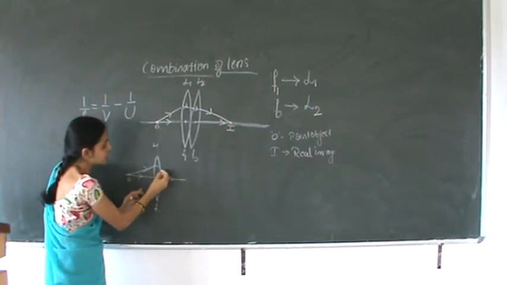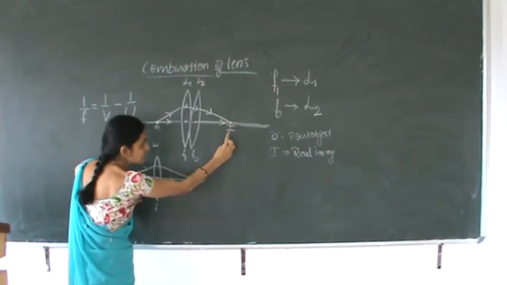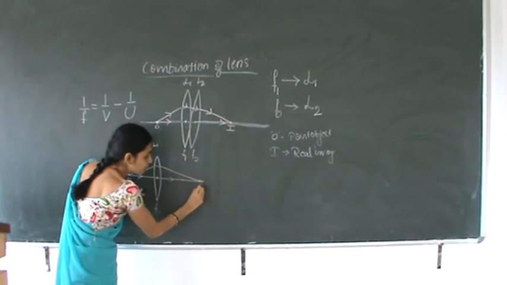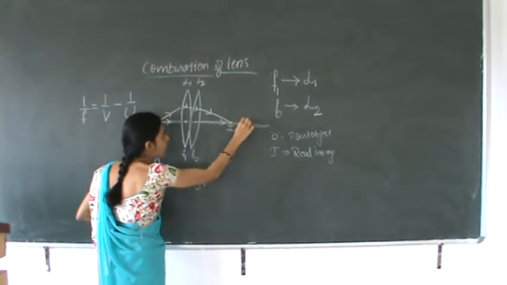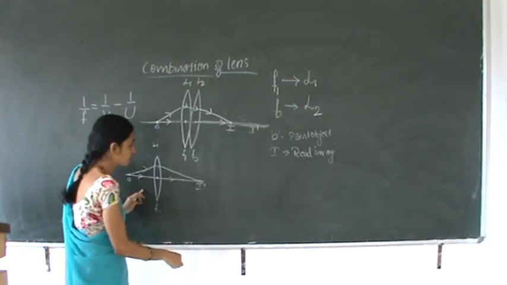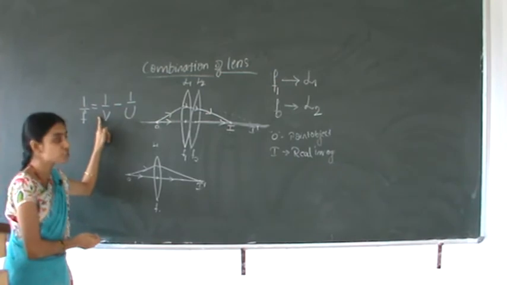Finally, after refraction, it converges at a point. Instead of I, it meets somewhere at the point I dash.